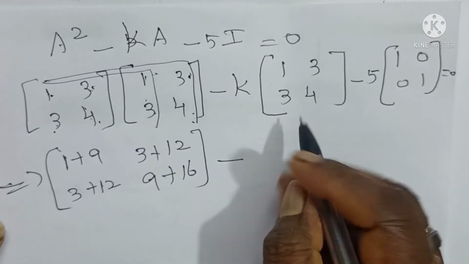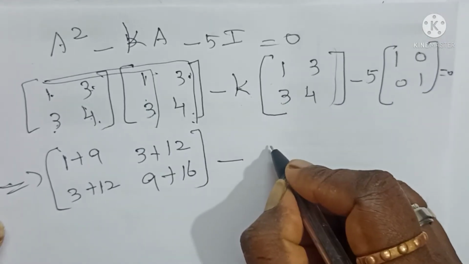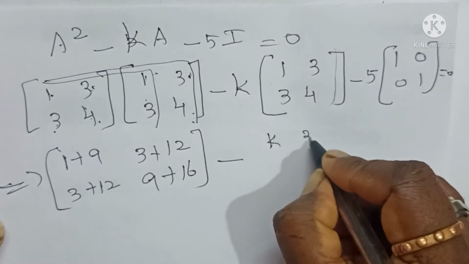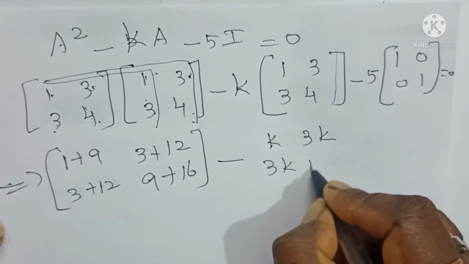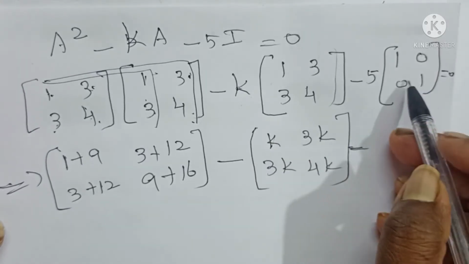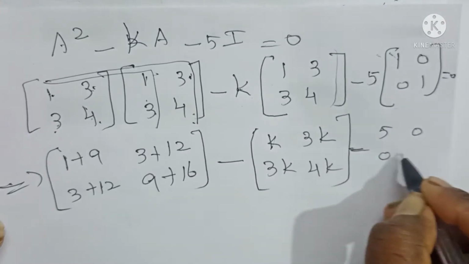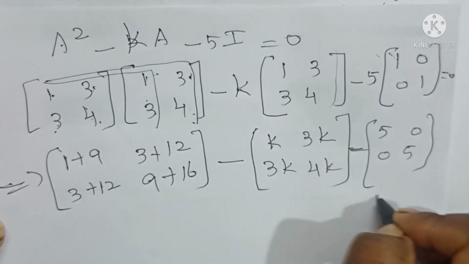Then minus k. So you have to multiply k with all the numbers and write. So 1k, k, 3k, 3k, 4k. Minus, then you have to multiply this matrix with 5. So [5, 0; 0, 5], which is equal to 0.